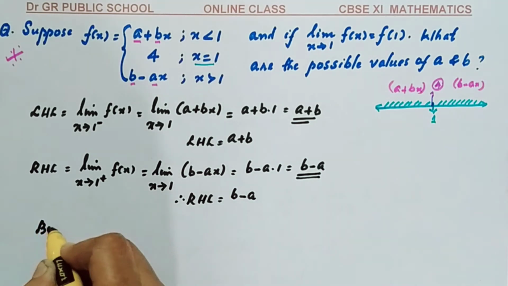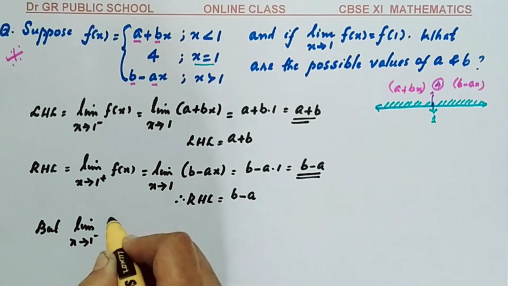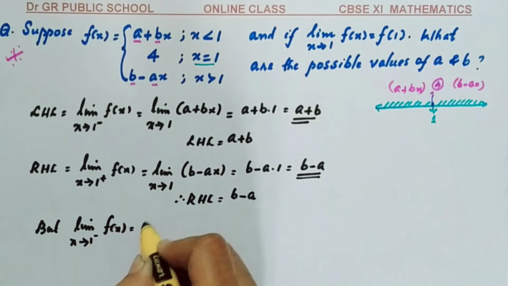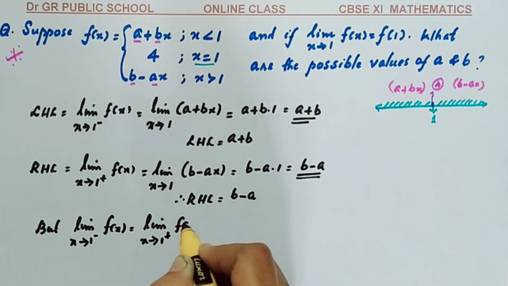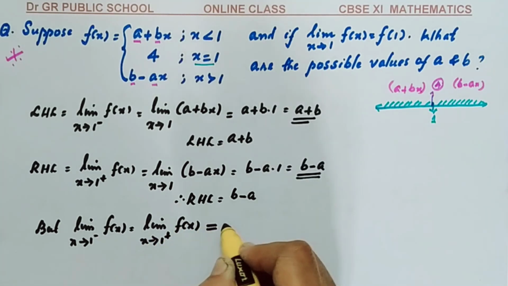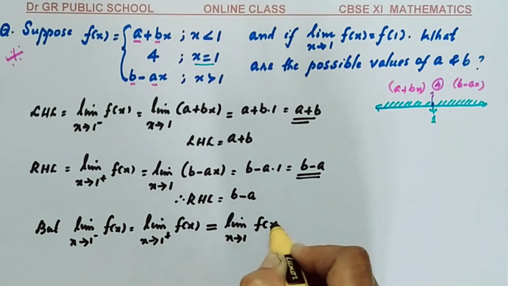But the limit as x tends to 1 minus of f(x) and the limit as x tends to 1 plus of f(x) need to be equal for a limit to exist, and that we can merge as the limit as x tends to 1 of f(x).